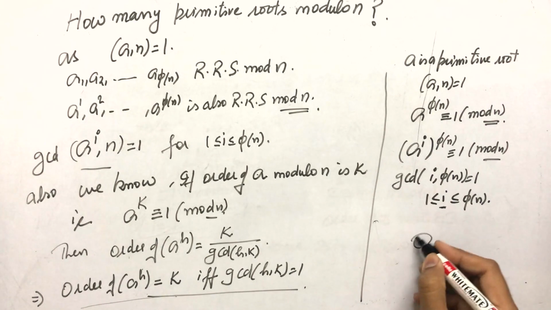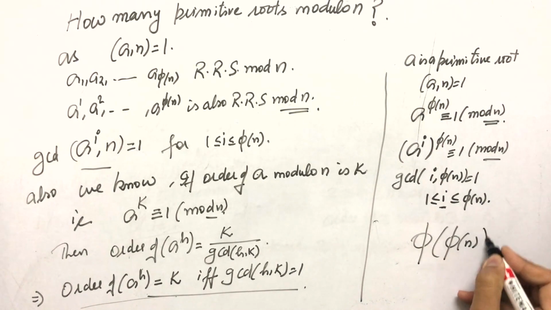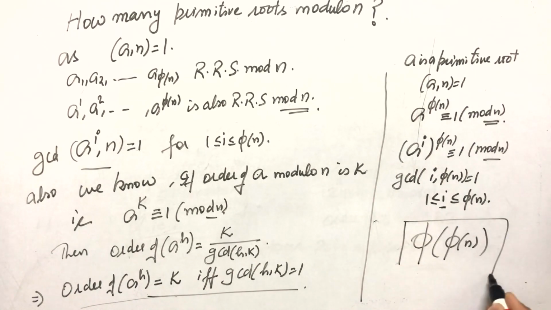How many are they? Phi of phi of n. So this is a very important number. So what does this give us? The total number of primitive roots modulo n. Let us see its applications in the form of numericals.